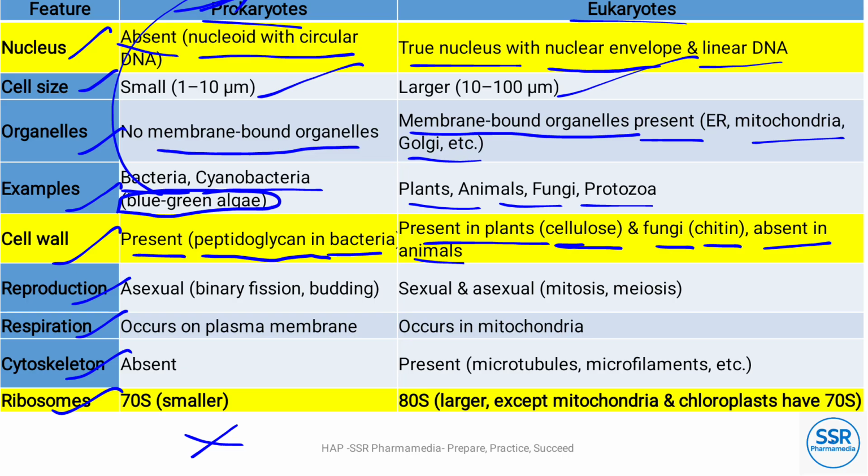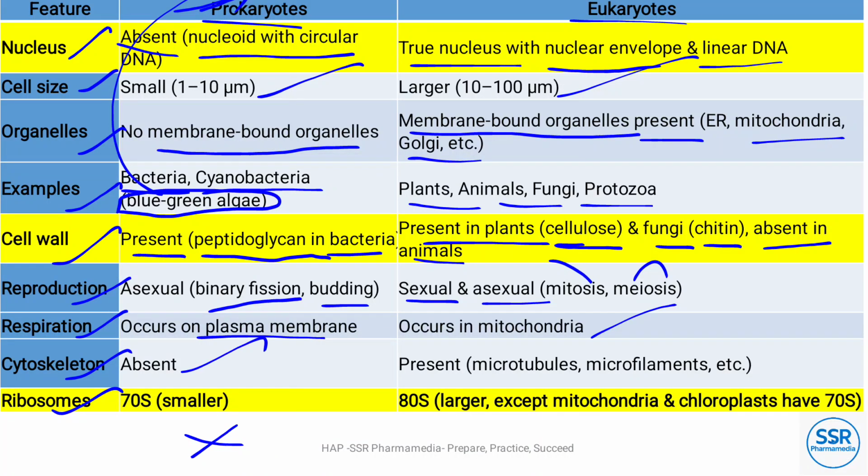Reproduction: in prokaryotes it is asexual, that means binary fission and budding type. In eukaryotes both sexual and asexual reproduction are present, and cell division occurs by mitosis and meiosis. Respiration occurs on the plasma membrane in prokaryotes and in mitochondria in eukaryotes.